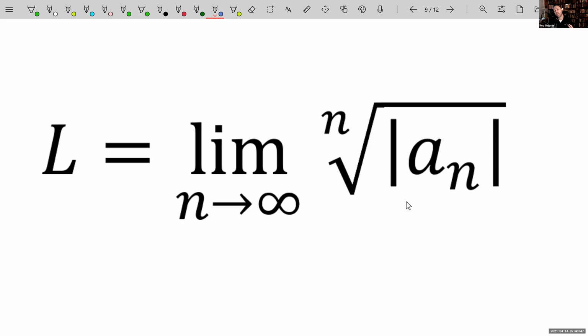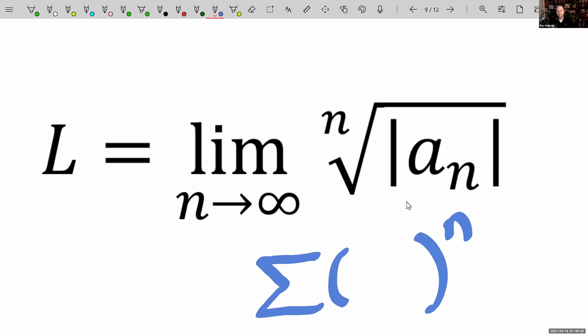And that's why the root test will showcase absolute convergence, because you're taking the absolute value of those terms in your series. The only time you're really going to use the root test is when your series is something to the nth power, or some modification of that. It could be to the 2nth power or something like that. As long as there's an nth power that applies to everything, usually the root test is a really good go-to.